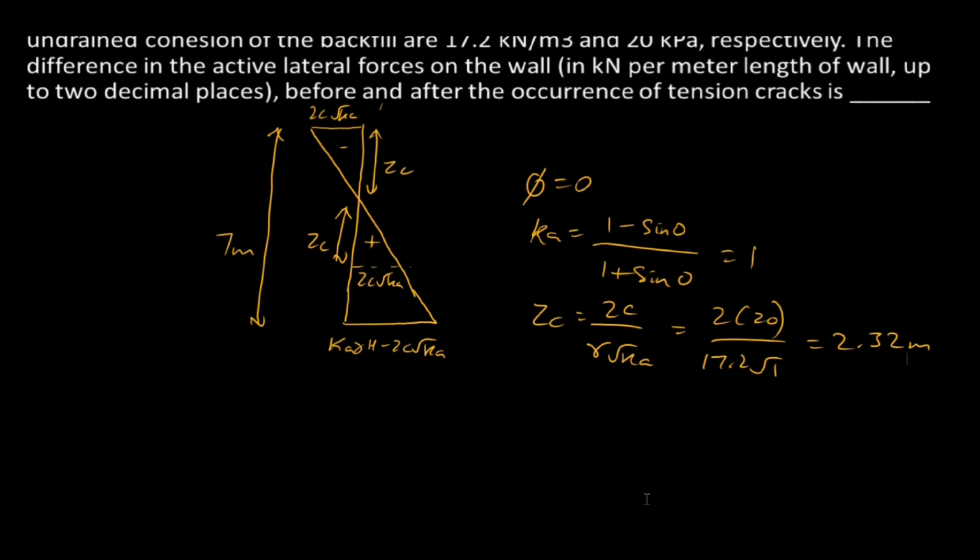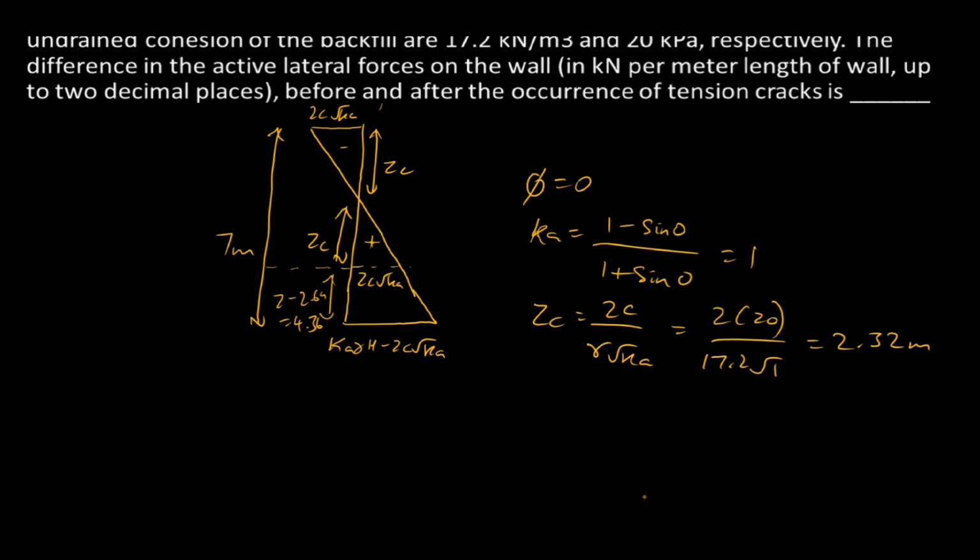So the total depth of unsupported excavation, that is, if we eliminate the tension cracks, we have to neglect this much of height, and this height will be equal to 7 minus 2.64, which is nothing but 4.36.